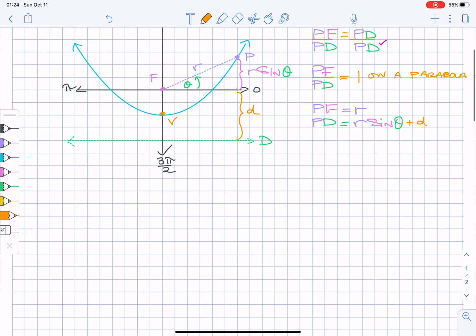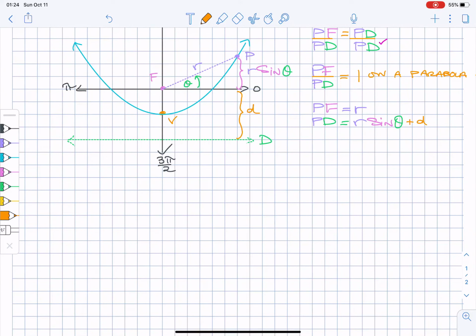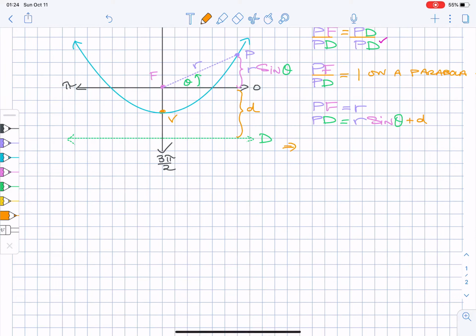So the distance from P to F divided by the distance from P to D can now be rewritten as r divided by d plus r sine theta. And we know that, in the case of a parabola, is equal to 1 because it's equidistant, right? It's equal to 1 on a parabola.